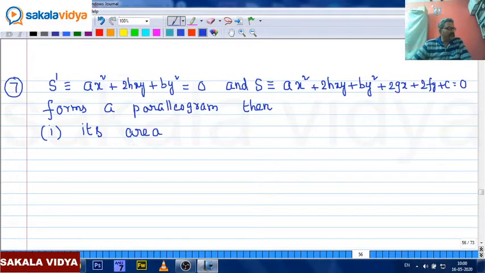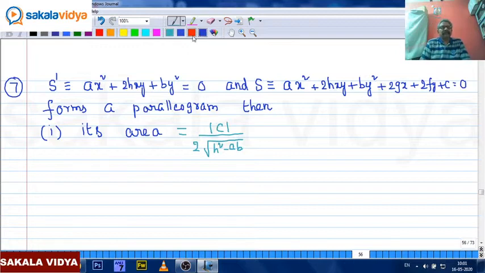Area we need to find out. So we remember the area: area equals mod c by 2 root of h square minus ab. So you remember this formula.